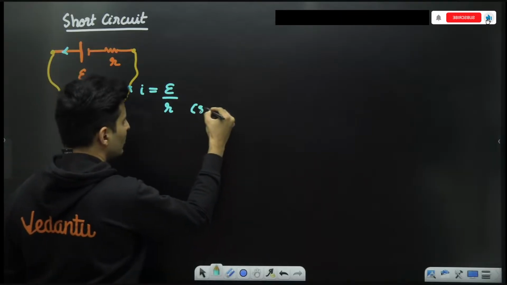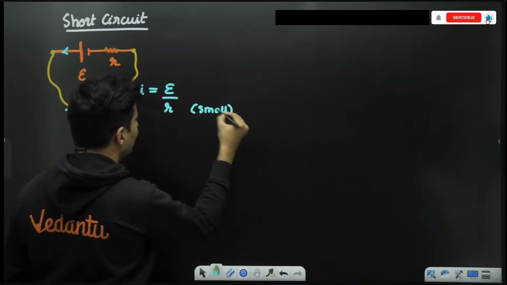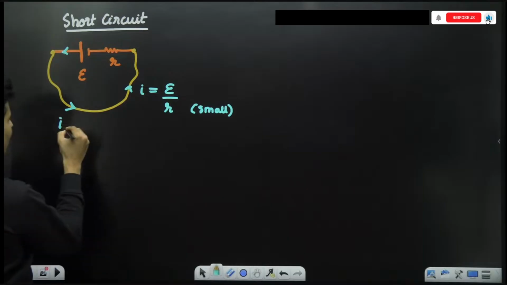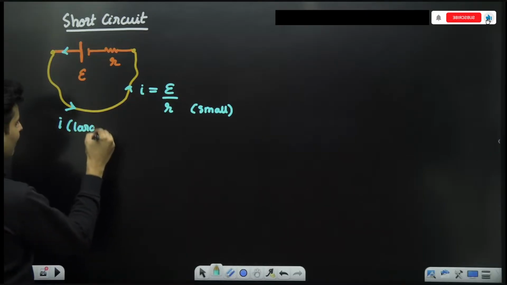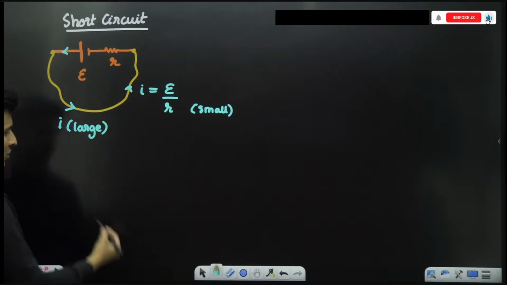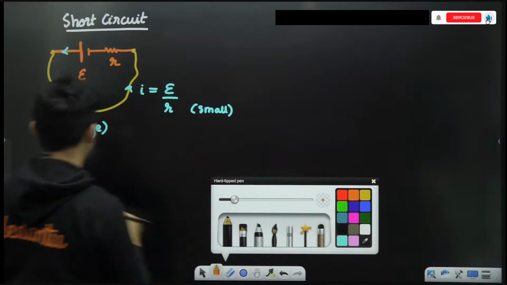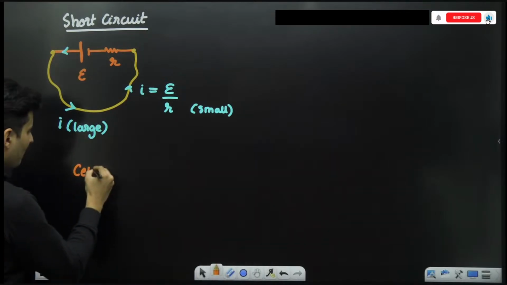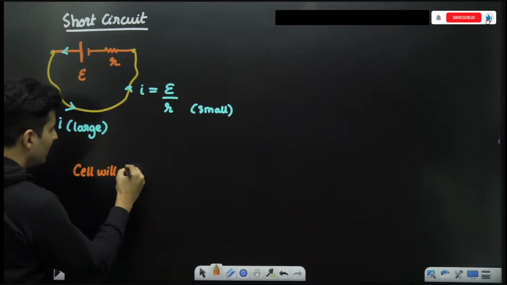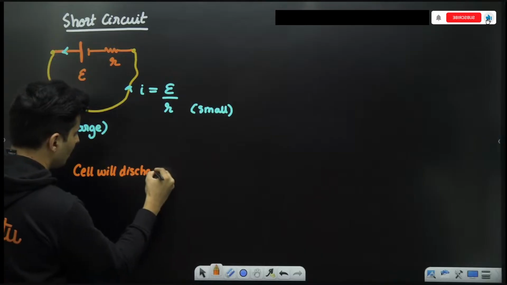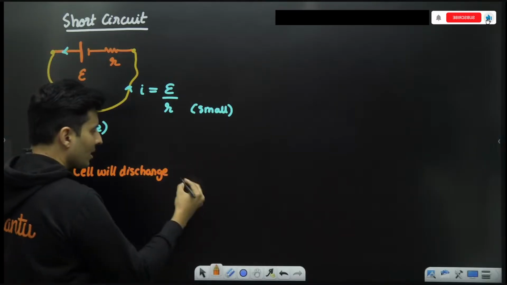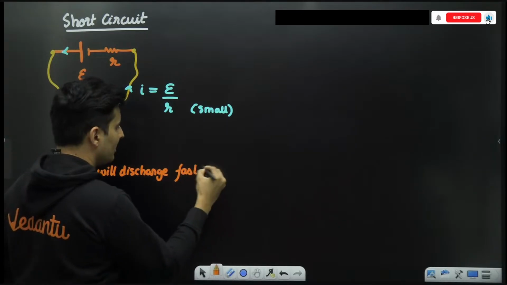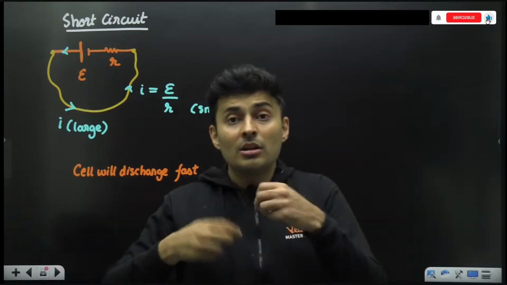Usually, this is going to be very, very small. That means this current will be very, very large. So what does this tell you about the battery? The cell will discharge very fast because a large current has been drawn.